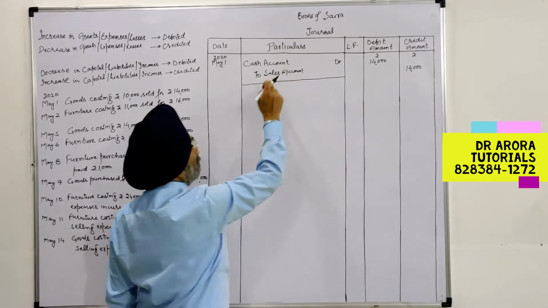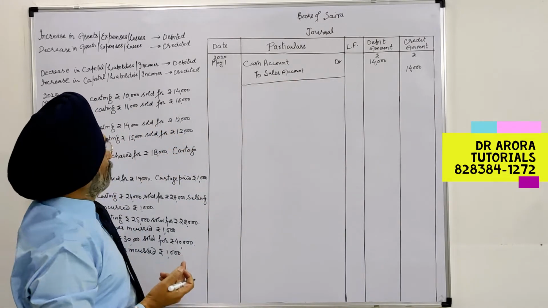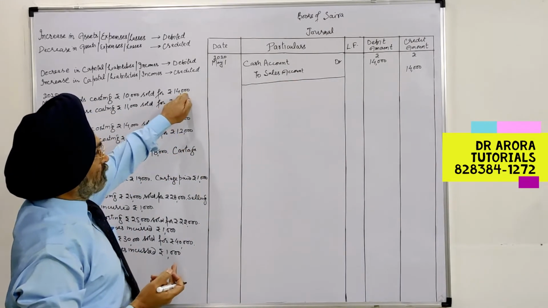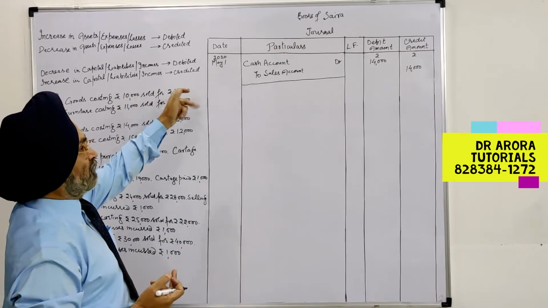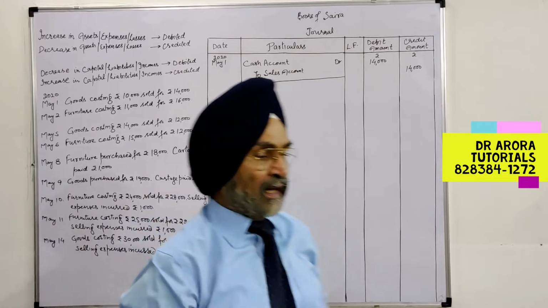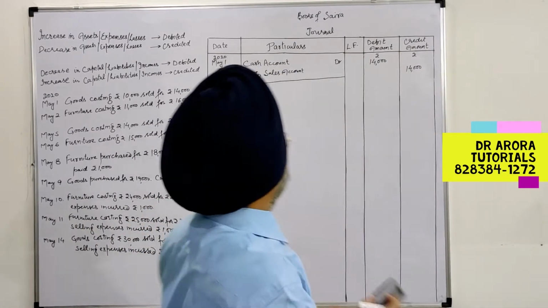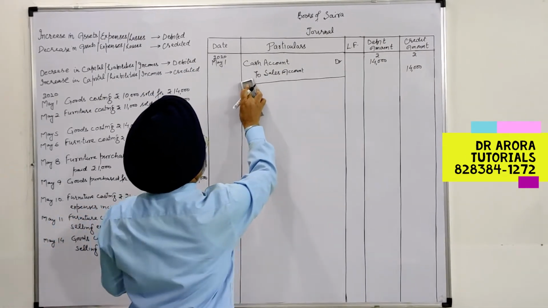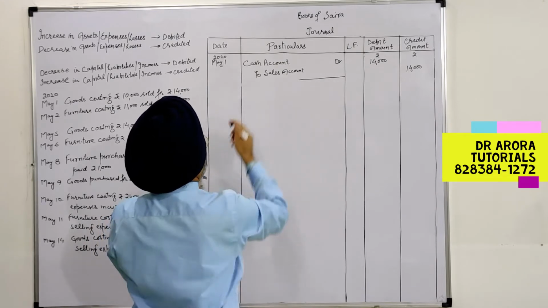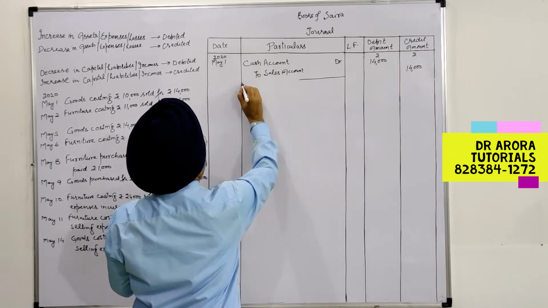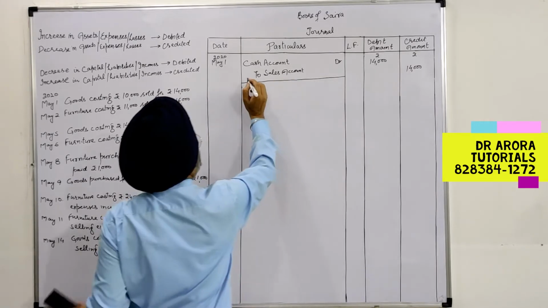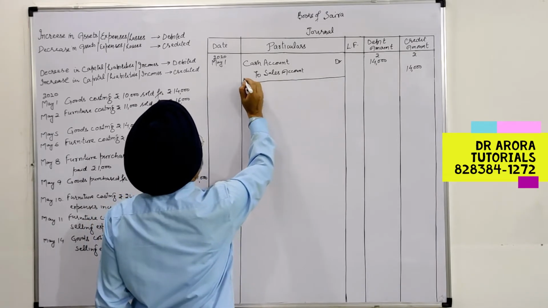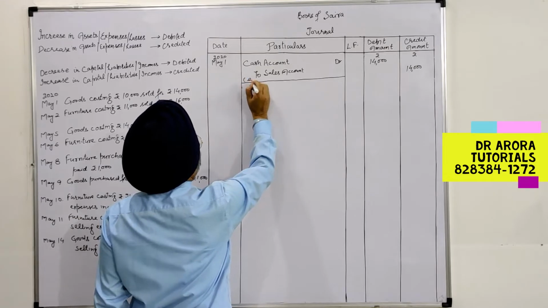Sale is 14,000. We received the cash 14,000. Hence, there is no question of writing even the profit or loss anywhere in this particular transaction.